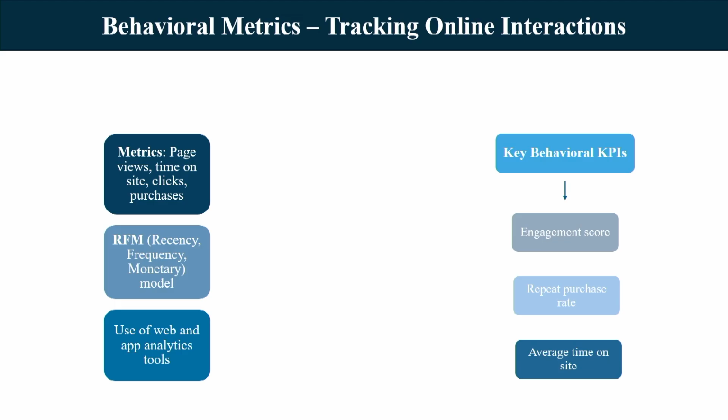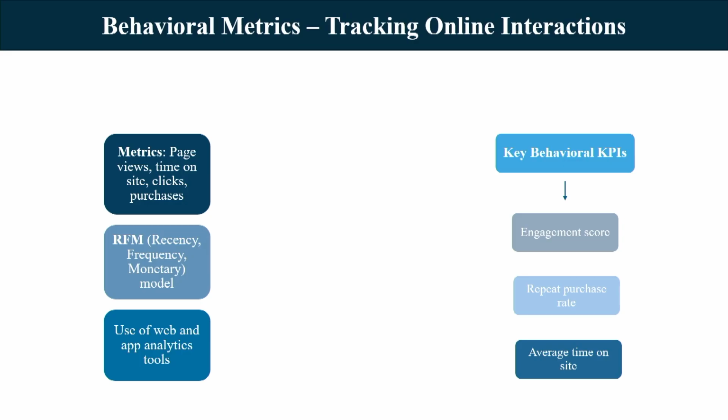Now, looking at the key behavioral KPIs, it can be the engagement score. We will be discussing engagement score in the subsequent class in detail. It is a score that is assigned for some defined activities. For example, you get 1 score for opening the email, 2 for clicking through the link, and 3 for signing up through the link.